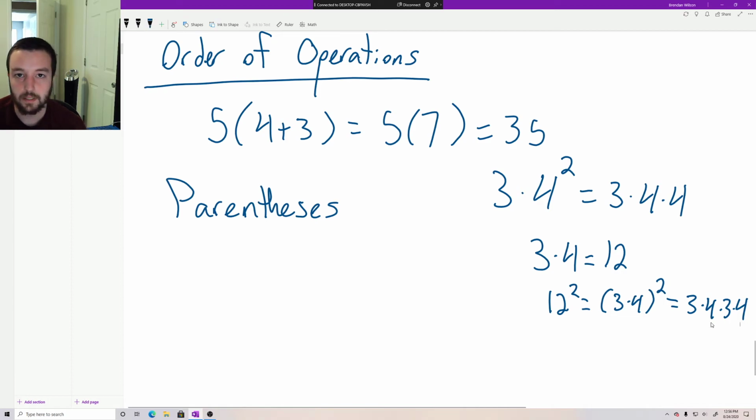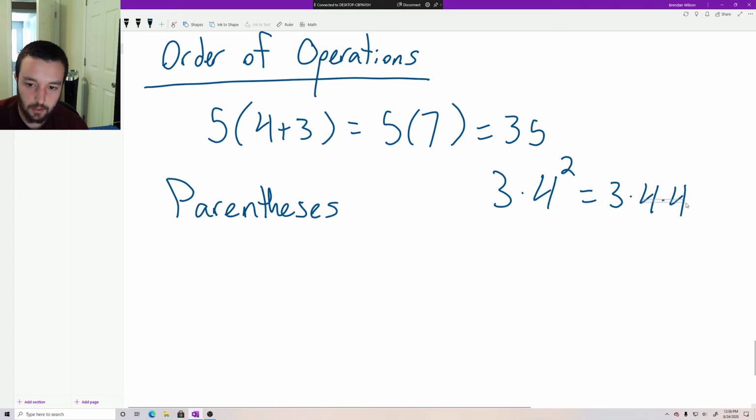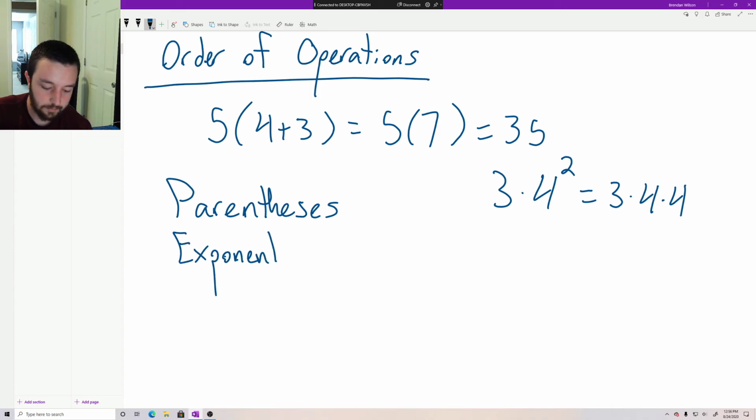So we have an extra copy of the 3. That's the issue. So that's not what we want to do. We need to take care of the exponent first. We either evaluate the exponent, or we write it out the long way like this, but either way, we have to do the exponent first. So after parentheses, the next thing should be the exponent.